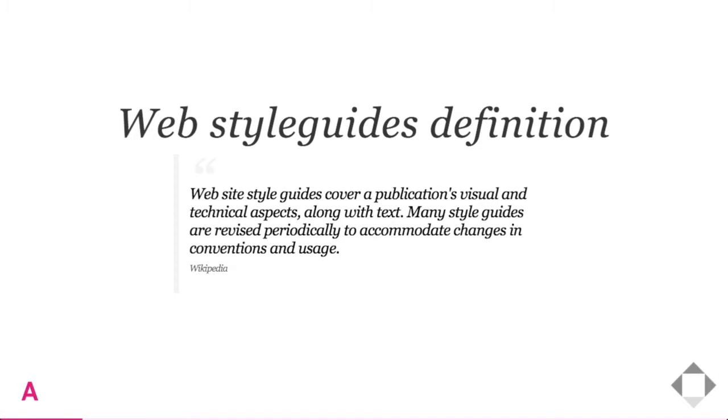And what I find interesting about a web style guide is that it is graphic and technical. It means you should document how the brand identity is communicated, but also how the interaction should be designed. And the other great thing is that it should be updated often. As the project evolves, the style guide should evolve with it.